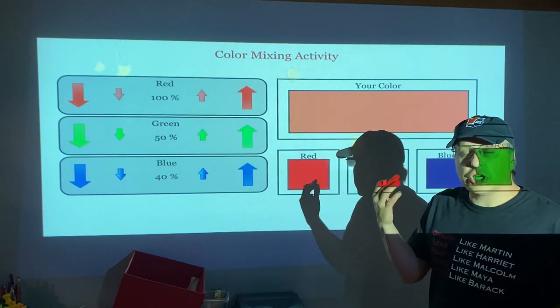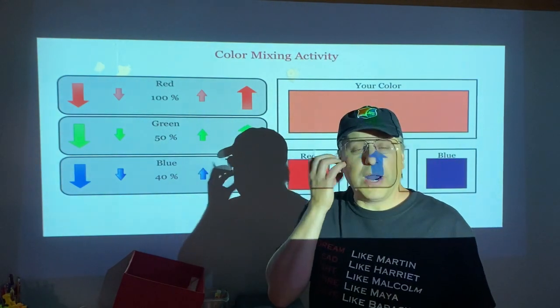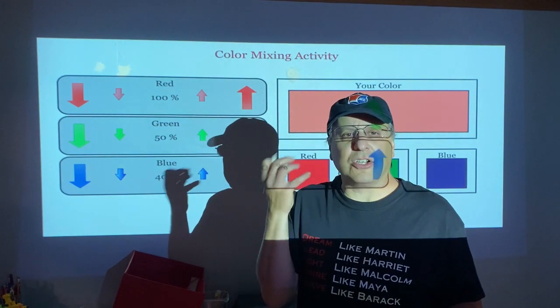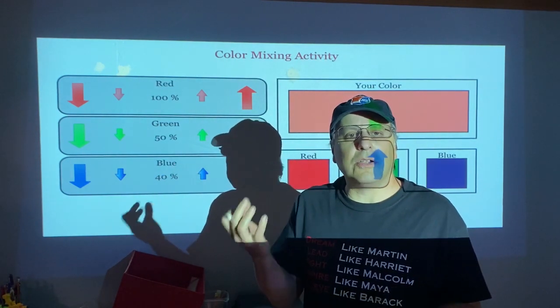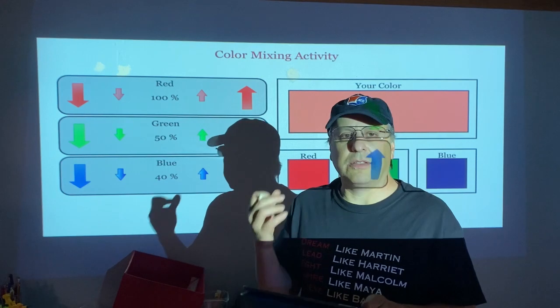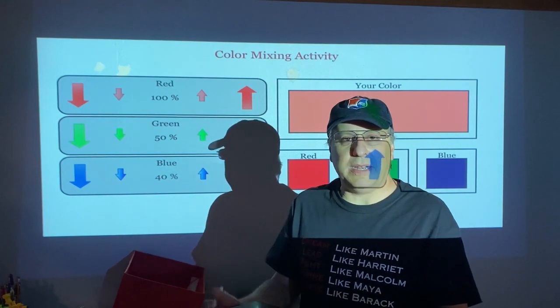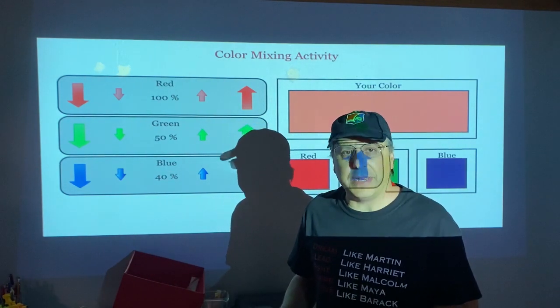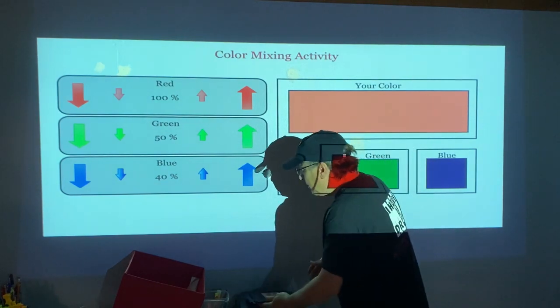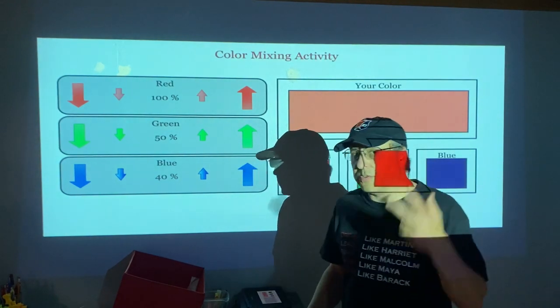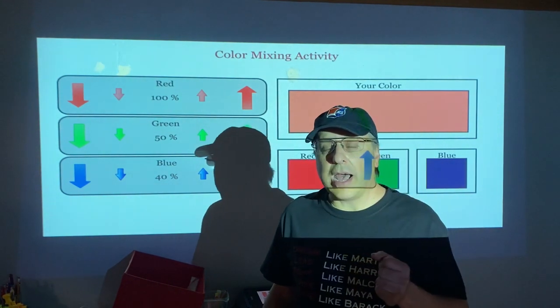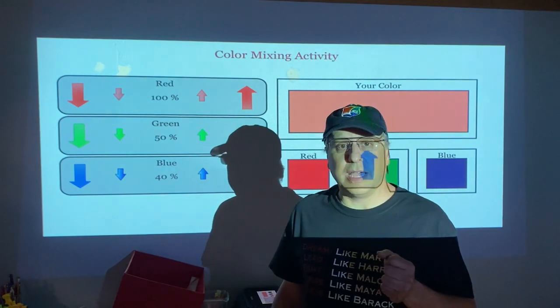And depending on which cones are triggered, our brain will process that as a color. Those colors, again, are not real. They're a figment of our brain trying to make sense of what's happening with these chemical reactions that are triggered on the back of our eye by certain frequencies of light.